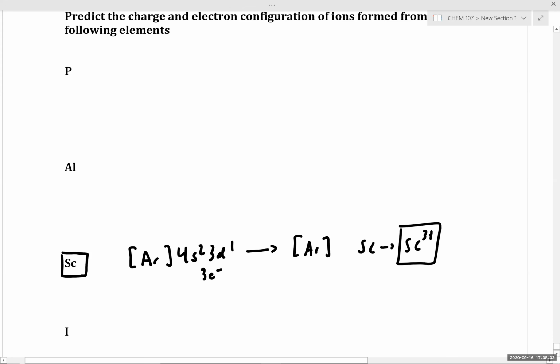Let's try to get a few more responses in the chat, and we'll discuss this in about another 2 to 3 minutes. And we're seeing a lot of reasonable responses in the chat. Remember that metals prefer to form cations with a positive charge, while non-metals prefer to form anions with a negative charge.